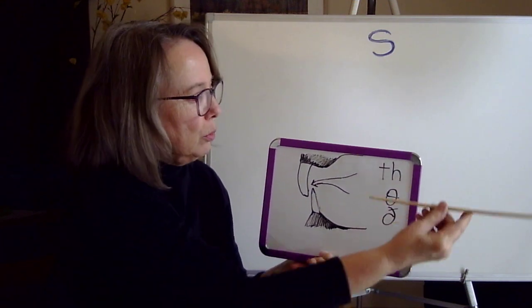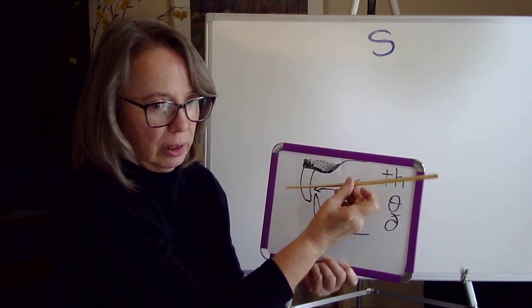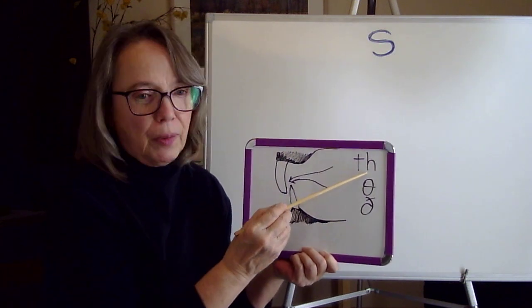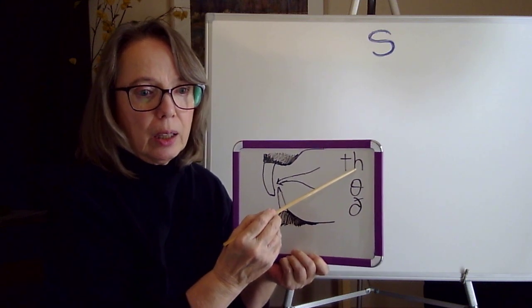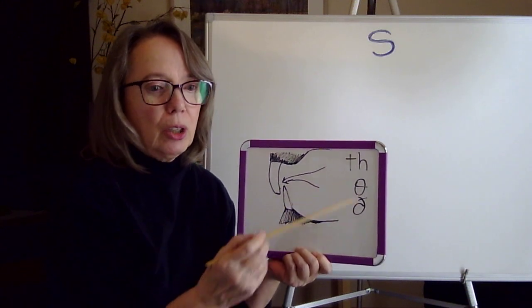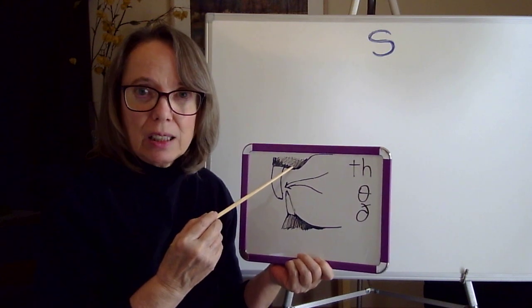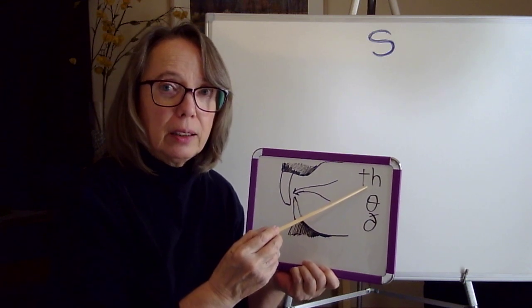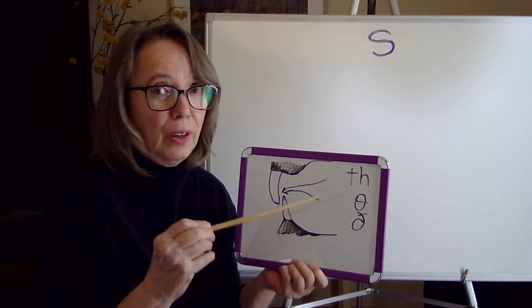And if you direct the airflow down, instead of here, we will hear something that sounds like the TH sound. And the TH sound is very weak. So there is a lot of difference between the sound of an S and the sound of a TH. And listeners will hear that difference very clearly.